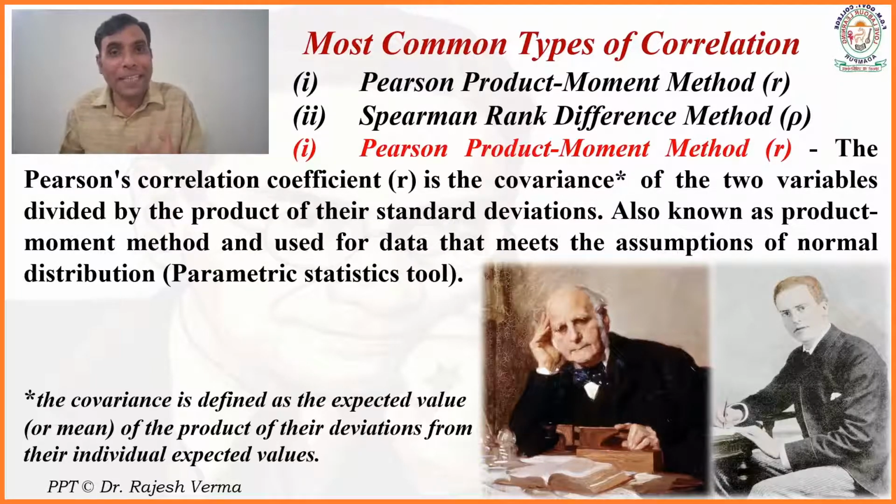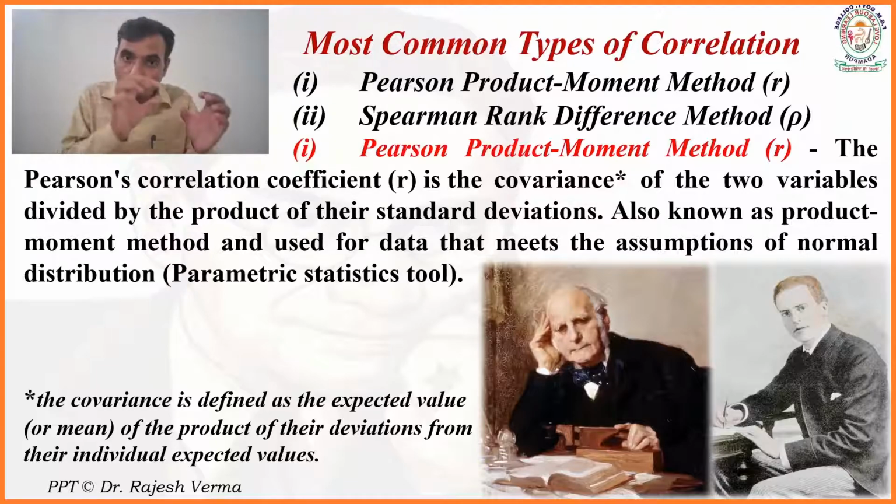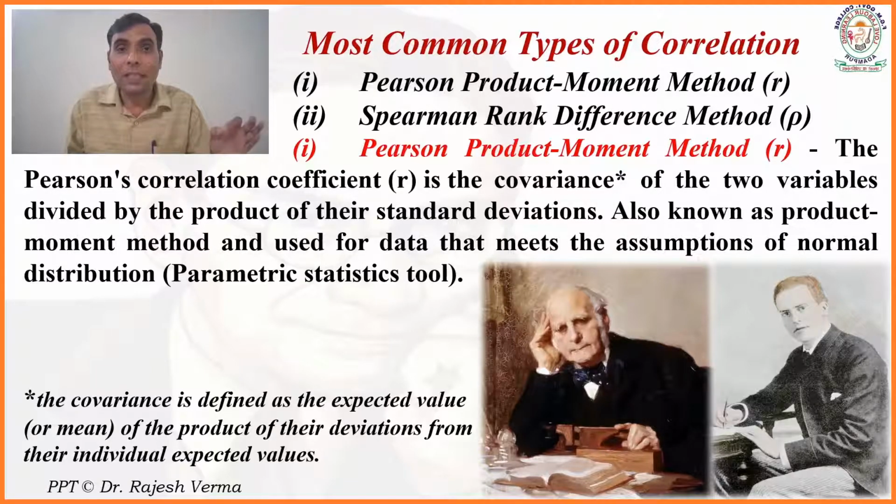So what is covariance? Covariance means co plus variance. When we use the prefix co, that means joint. Covariance is the joint variance expressed by the variables between which we are going to calculate the correlation coefficient.